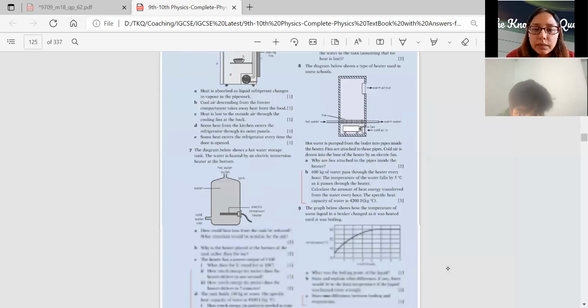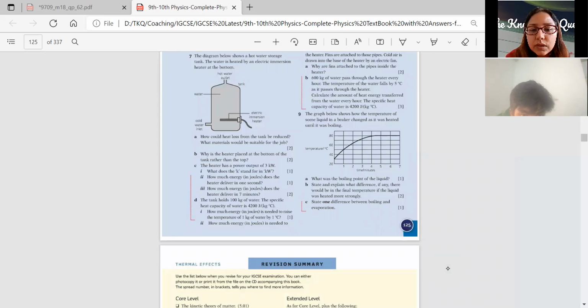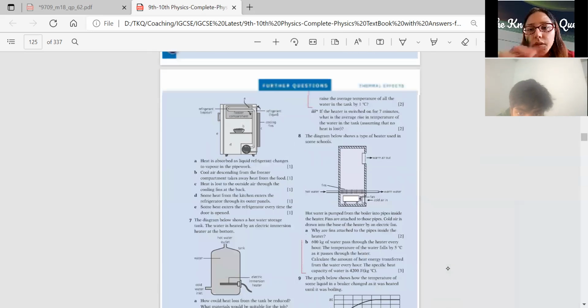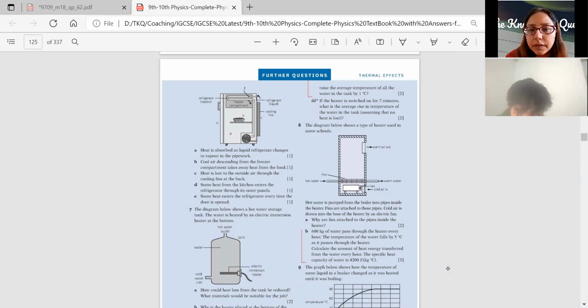I think you need to see the previous part also, right? How much energy in joules is needed for 100 kgs of water? Okay. So 100 into 4200. So that is 420,000 joules. Okay.